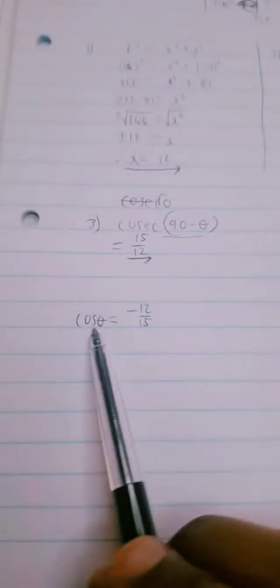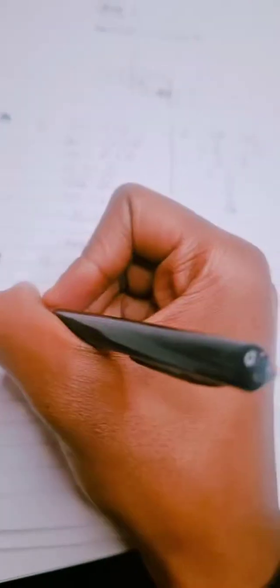So it gets cos theta is equal to negative 12 over 15. What next? First, very true, isolate the trig ratio. That's step number one. TJ, step number two, determine the quadrant.